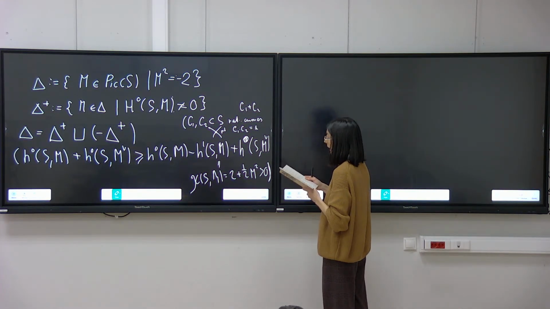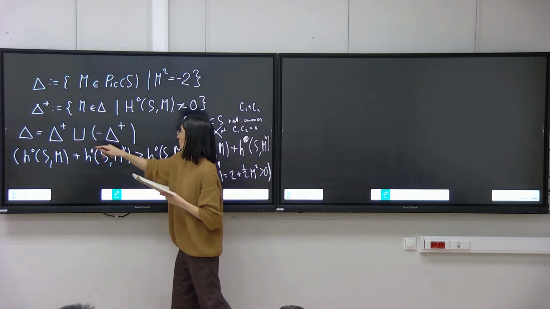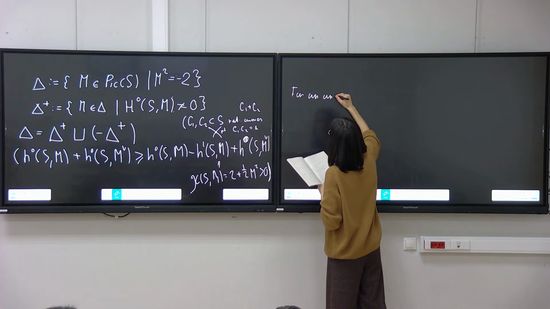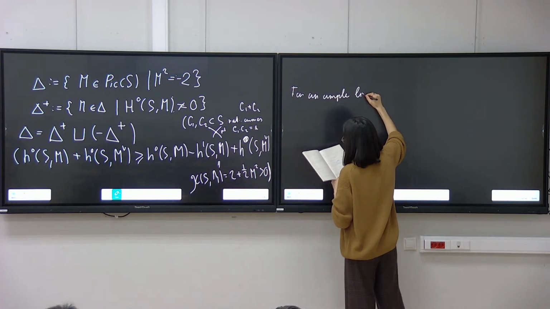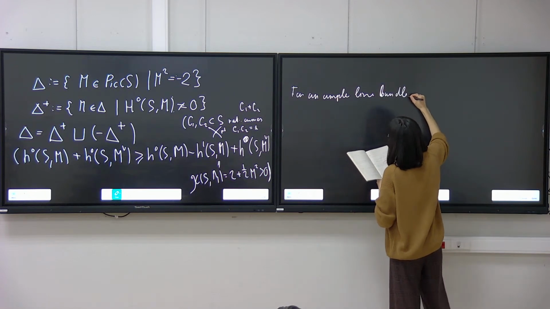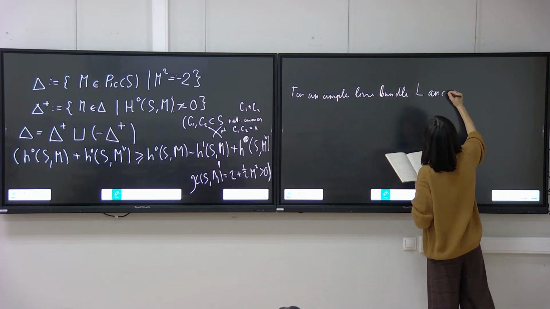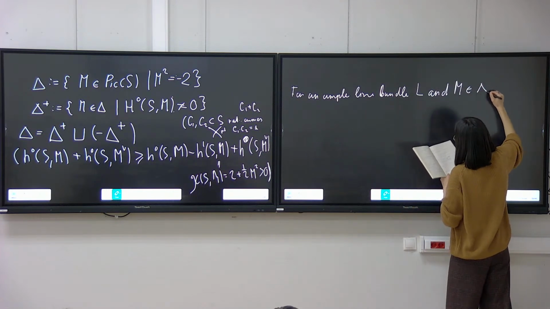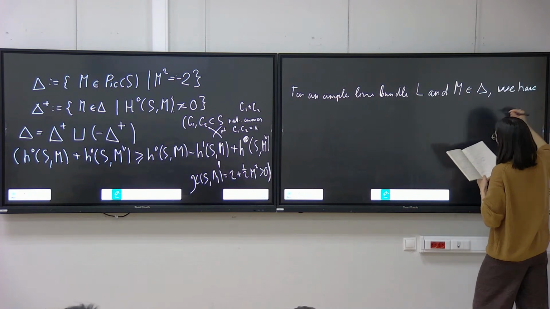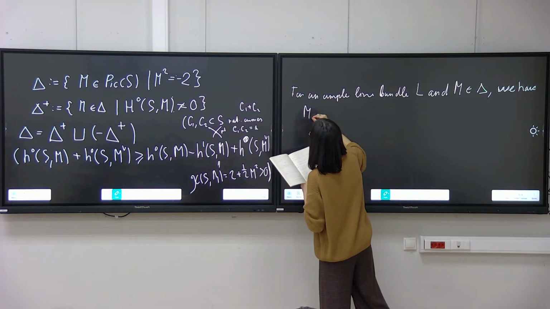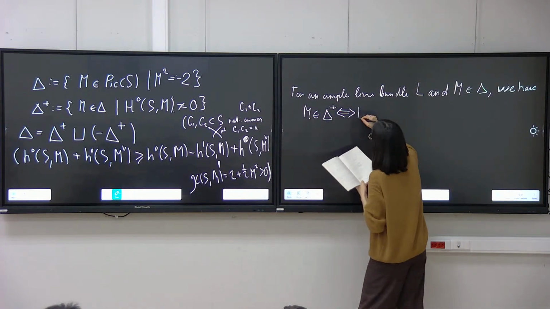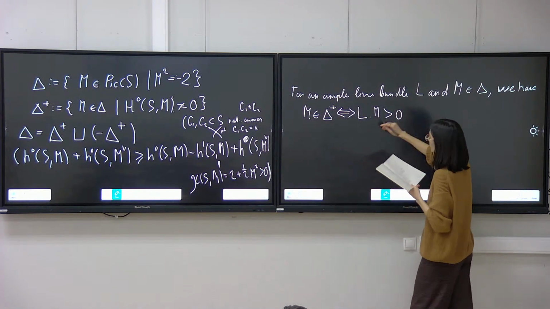And of course, how can we distinguish between these two components? For an ample line bundle L and M in delta, we have M in delta plus if and only if L times M is positive.